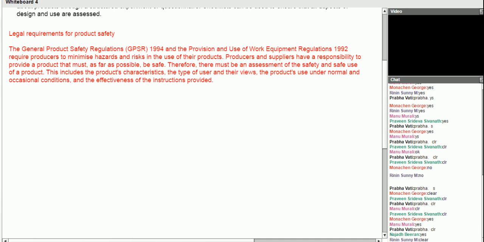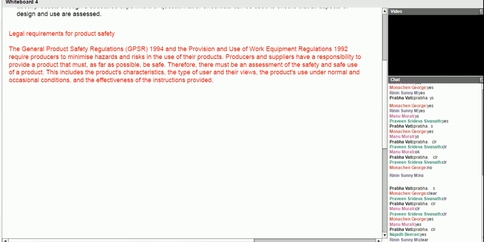The General Product Safety Regulation was constituted in 1994, and the Provision and Use of Work Equipment Regulations 1992 require the producers to minimize the hazards.